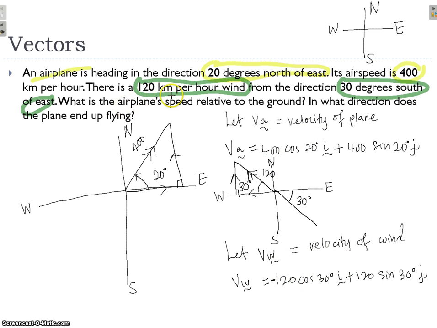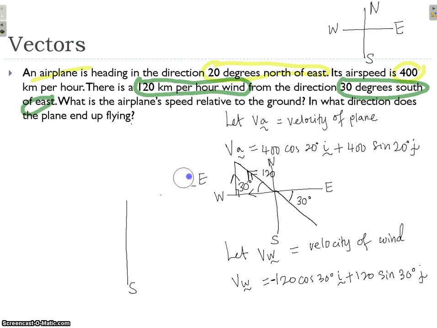Now we have the velocity of the plane and the velocity of the wind. We want to know the airplane speed relative to the ground and what direction it is. So we have to sum these two velocities to find the velocity of the plane relative to the ground. Let's erase some part of here first. We want to combine the two diagrams. If we combine the two diagrams, this is for the plane, 20.